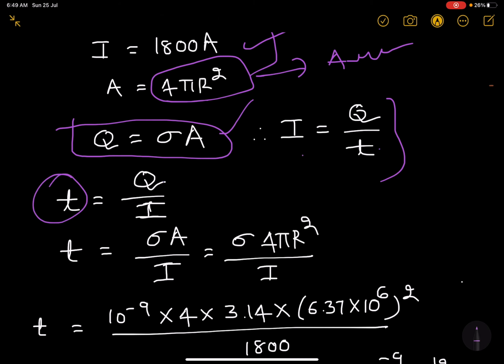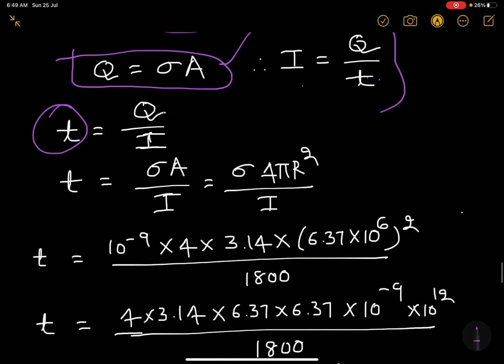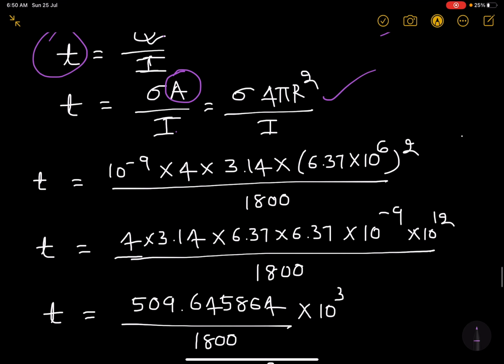So I replace Q by It: t = σA/I. So A equals 4πr², so t = σ × 4πr²/I. Then the above data I mentioned here: σ = 10^-9, into 4 × 3.14 into r² = (6.37 × 10^6)², divided by I, that is current 1800.